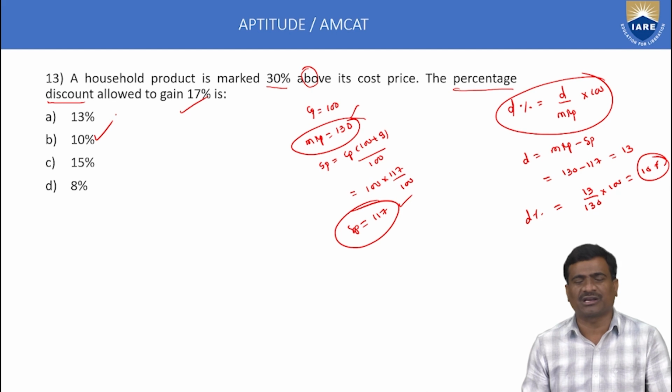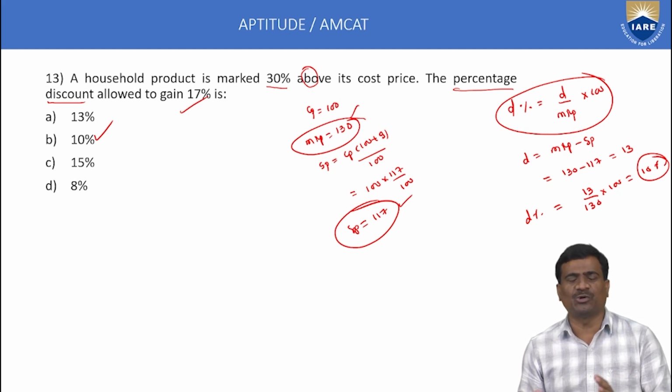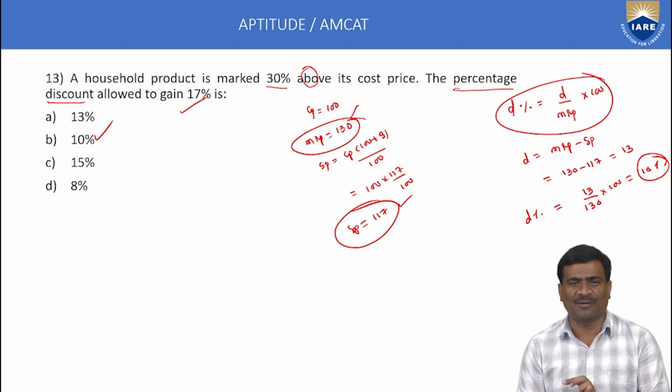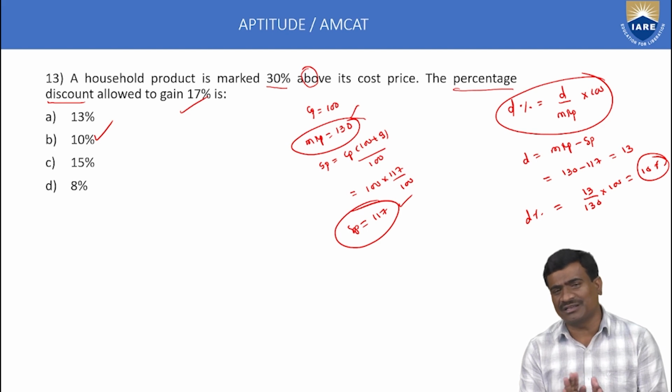Option B only is correct. Application only is important, the percentage discount, the discount percentage formula. Next, what is a discount? MRP minus selling price. But in the first statement, only a relation is given. If we consider a variable, the method is lengthy and complex; if we consider 100, that method is easy.